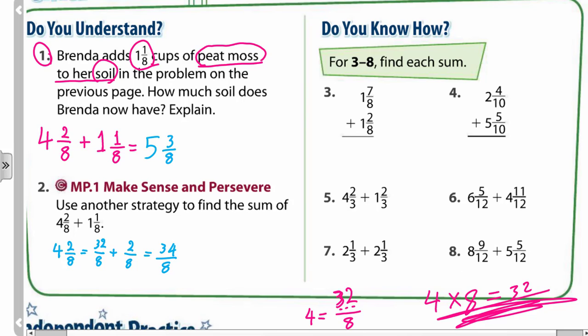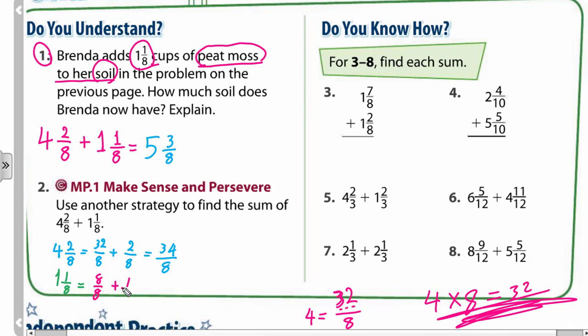Let's do the same with the other number, 1 and 1/8. The 1, how many 8's in 1? 8/8.